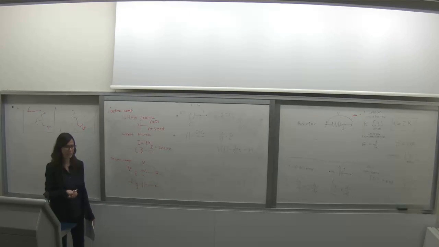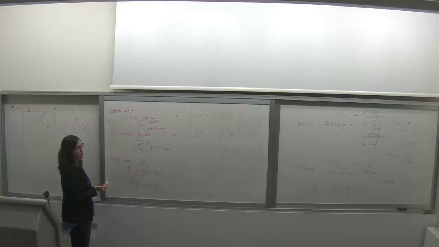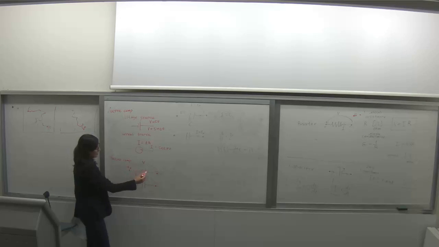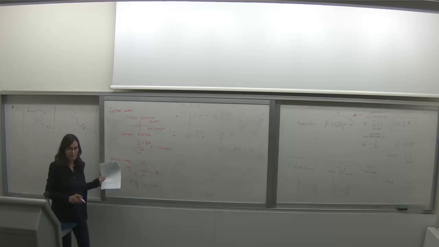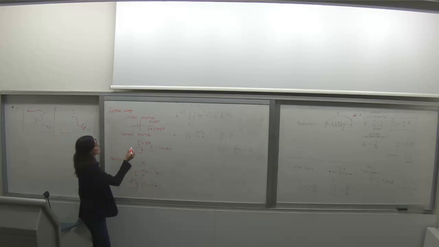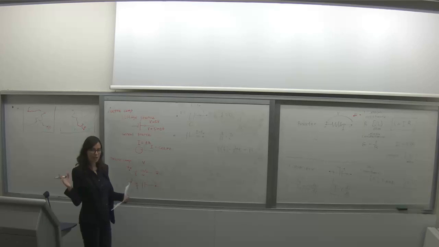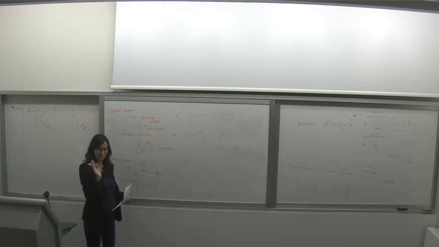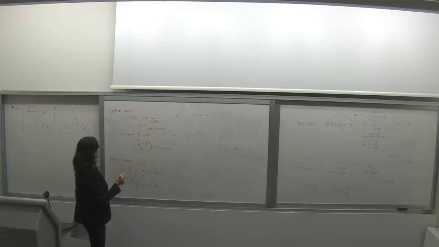Why is that? Because for passive components, we know that if the current is flowing to the right, then it's running away from the positive. Current is always running away from the positive. Here, current is originated in the positive. It's coming from there, and there is some chemical reaction that causes it to be generated.